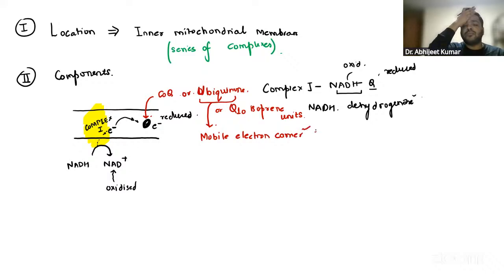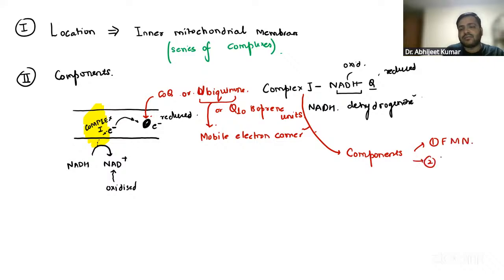Now, what are the components of complex 1? This is again very, very important. We have FMN, that is flavin mononucleotide, and we also have the iron sulfur complex.